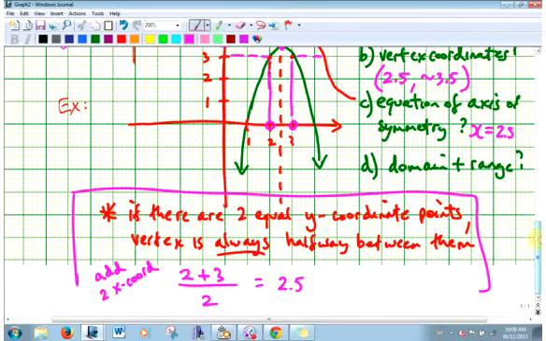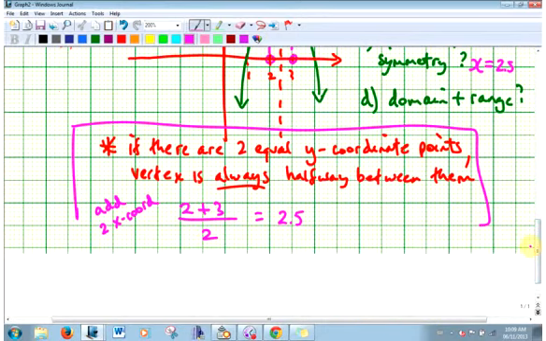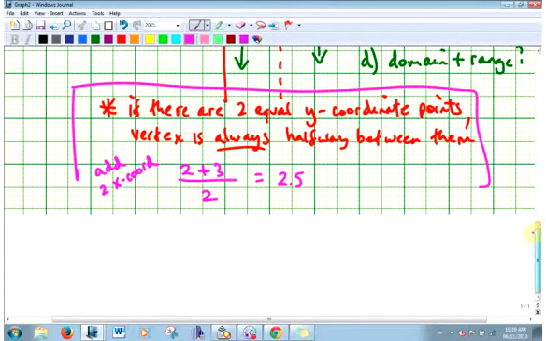Now, domain and range. Who remembers what that is? Yep. Megan, what's domain mean? Anybody agree?